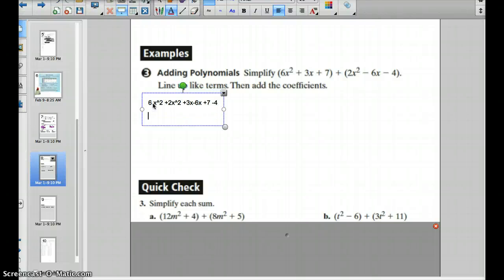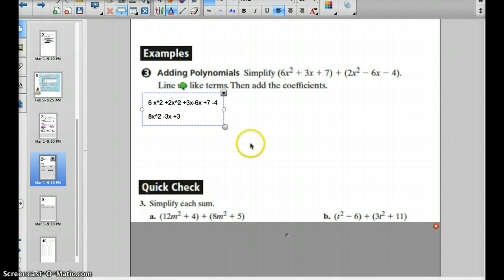So now what ends up happening is the 6x squared plus the 2x squared becomes 8x squared, okay? And then the 3x minus 6x gives us minus 3x. And then 7 minus 4 gives us plus 3. So we rearrange those so that we have like terms right beside each other that we then know we can add, and as we're combining like terms, we then write this.